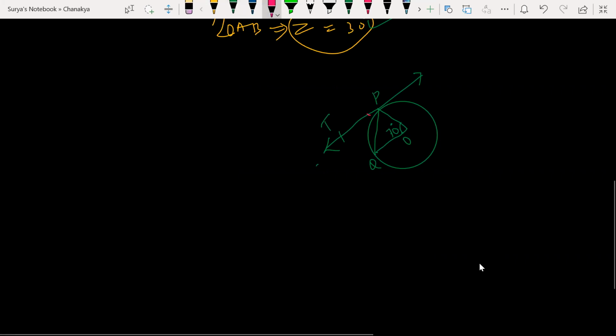Make it fast. What is the answer? Angle TPQ is equal to what?